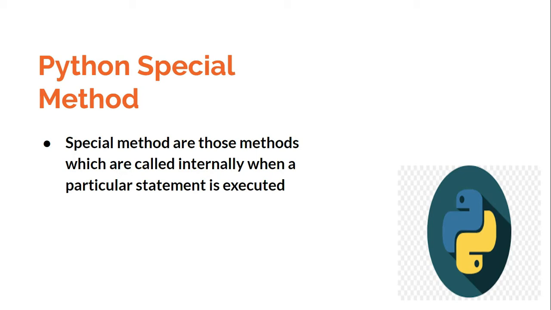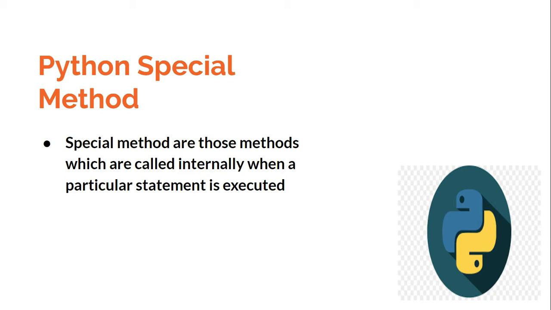Let's say when you create an object and initialize it, the __init__ method is called. You do not explicitly call this method, it is called internally. So these are special methods.